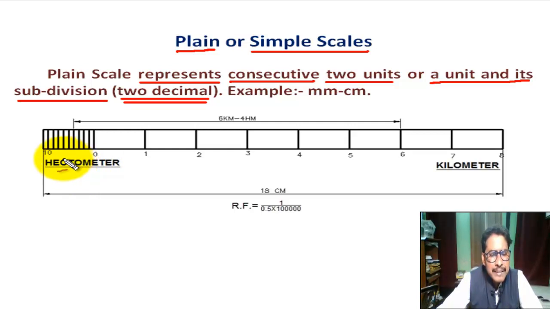In general purpose scale, 0 is marked at the beginning, but in engineering scale, 0 will be marked at the end of the first main division. This is the first main division.